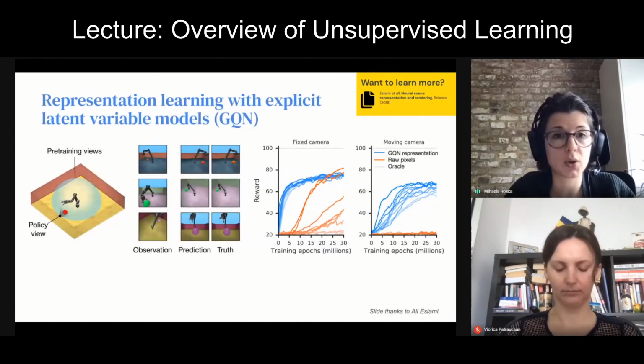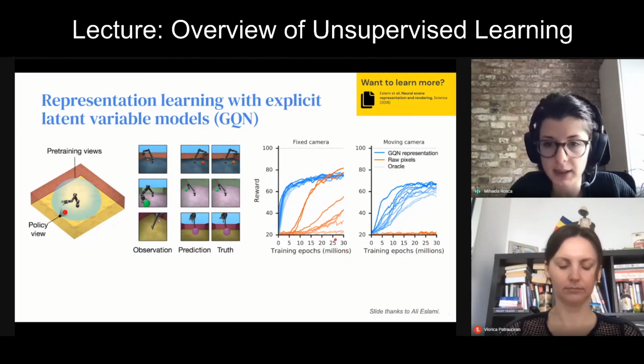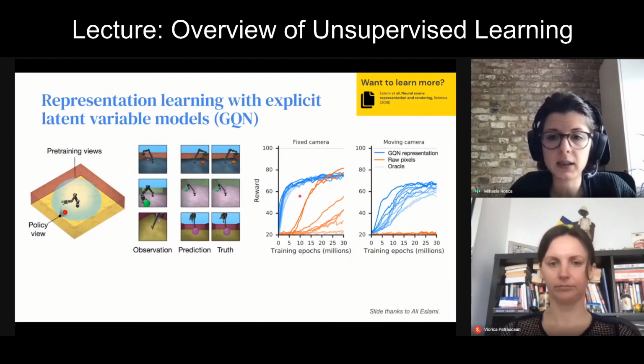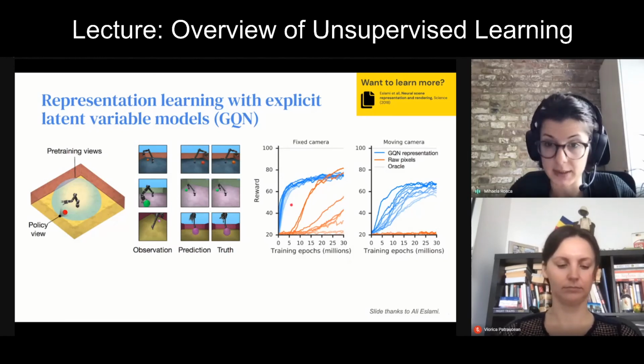And there's also the idea of using explicit latent variable models in representational learning to help reinforcement learning, for example, learn faster or learn a task that it couldn't do before. So this is one simple example where in orange, we have the agent learning from raw pixels. In blue, we have the agent learning from learned representations.